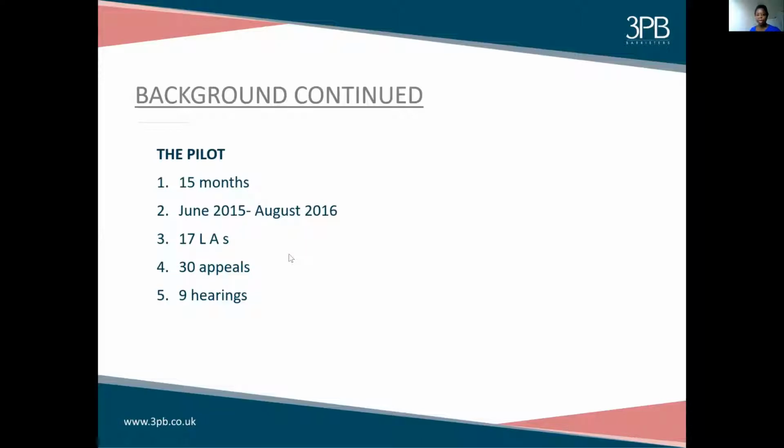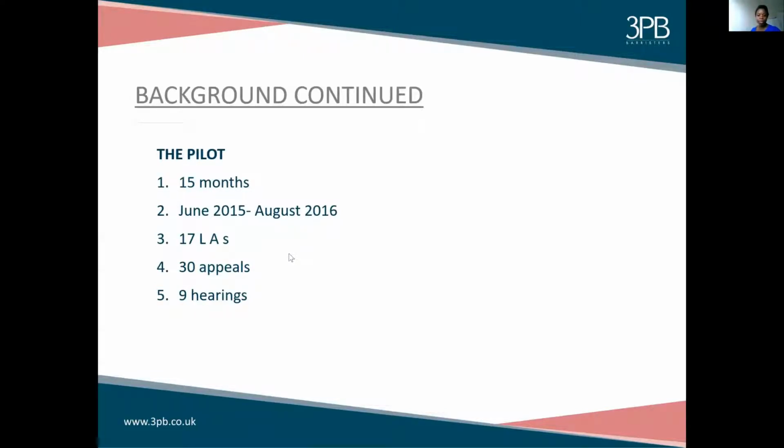But even from that low number of hearings, it was clear from a number of individuals using the process, including parents and the local authority, that they did support the principle of using this one route to address issues within the healthcare plan. However, as you can see, out of those 9 hearings, there wasn't actually enough data to have a comprehensive assessment of the impact of the trial.